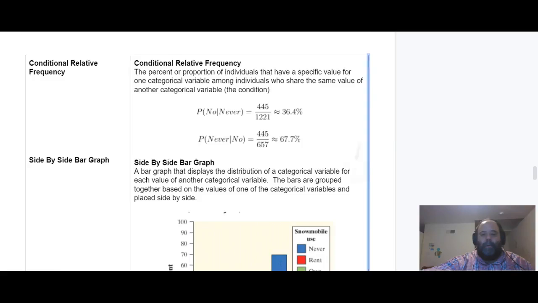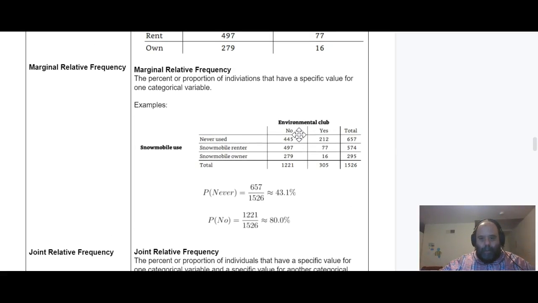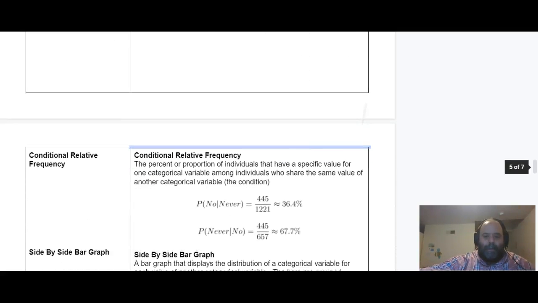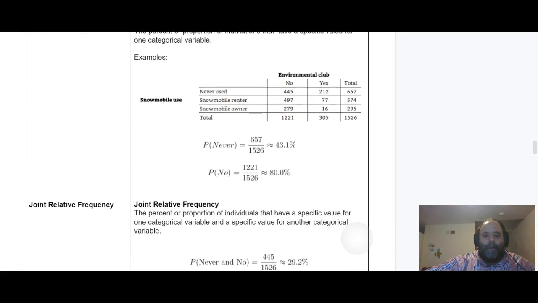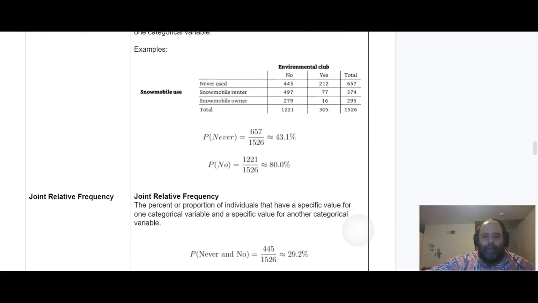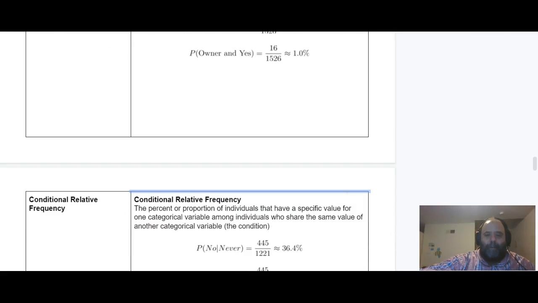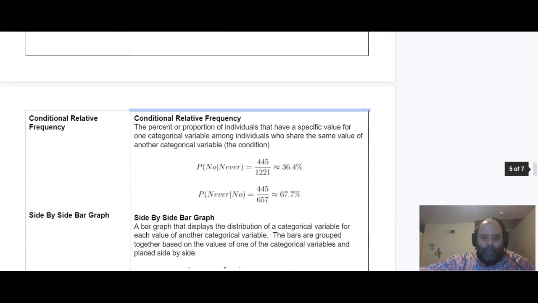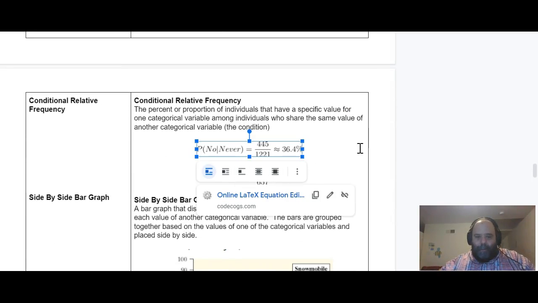So out of the total no's, if we look back here, the total no's, whoops, that is a mistake. These are backwards. So let's fix that. No given never should be 445 out of 657. So this is actually not correct.